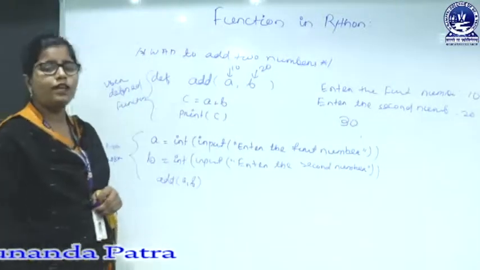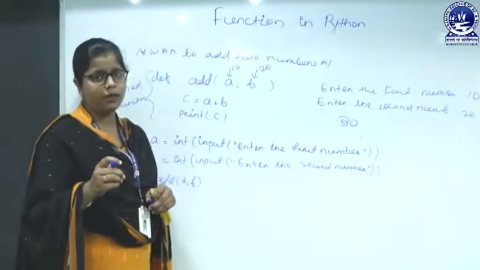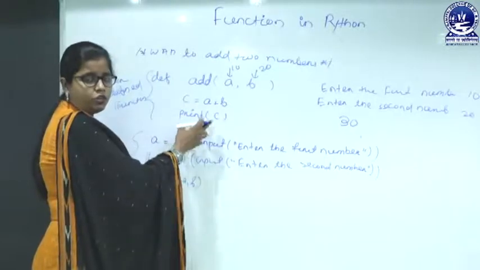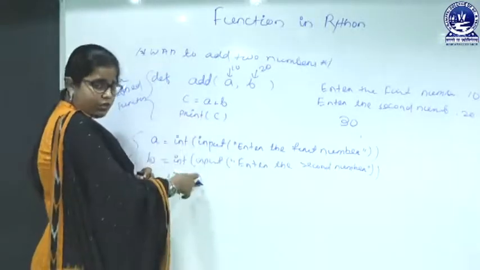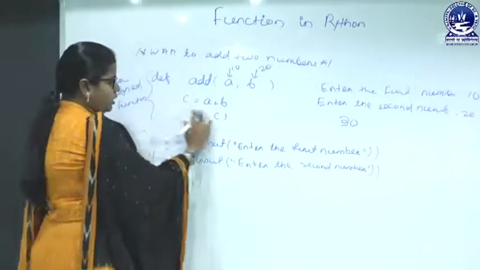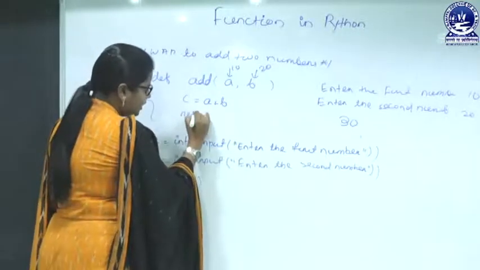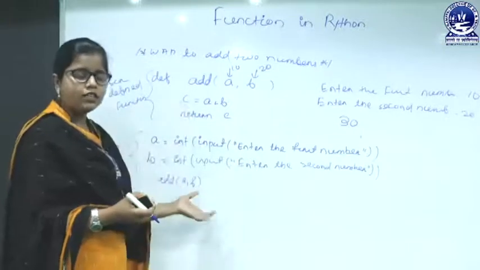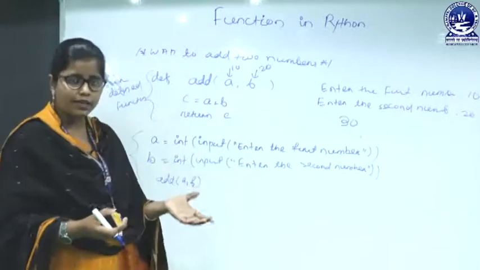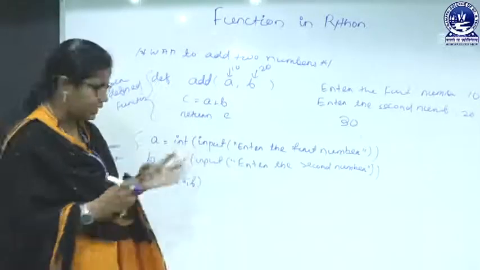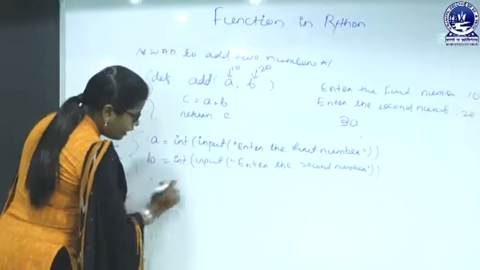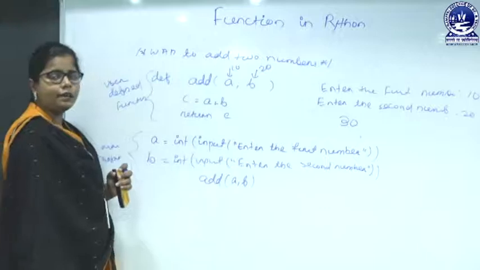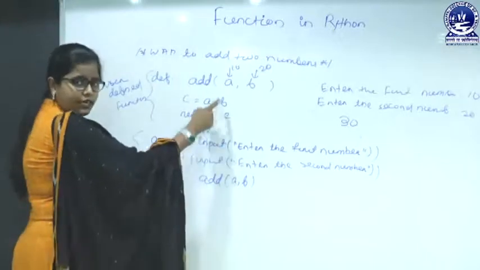Okay. Now, when my function is returning some value. Suppose I do not want to print the value here, I want to return the value to the calling function. So, this is our calling function. Here I am just returning the value of C. When the C value is returned, in the calling function there should be a variable that will accept the value of C. When we call the add function by passing the arguments A, B, this value of C will return to here.